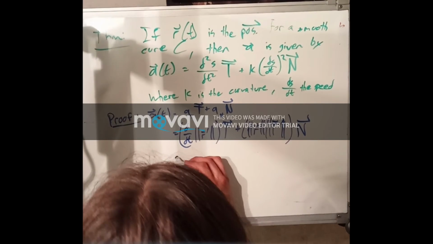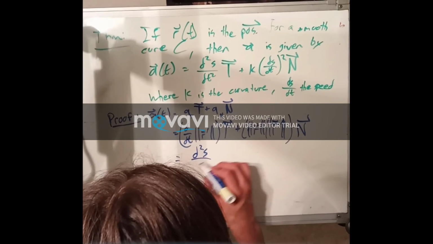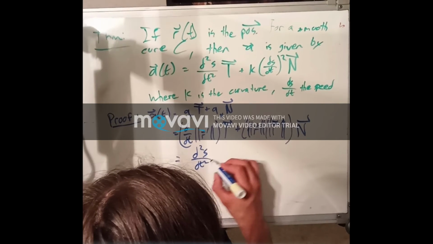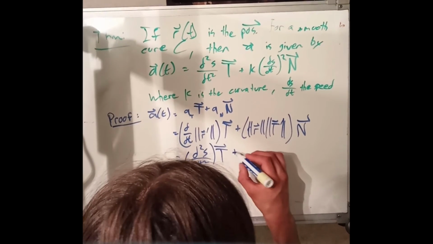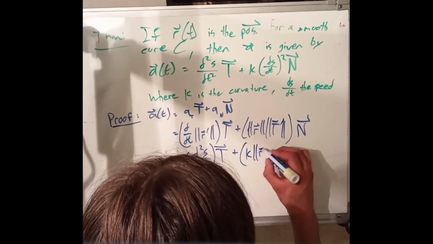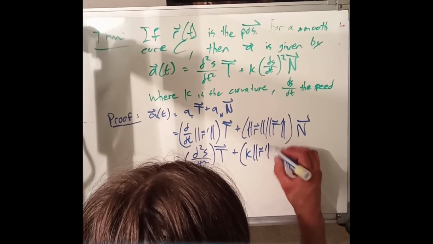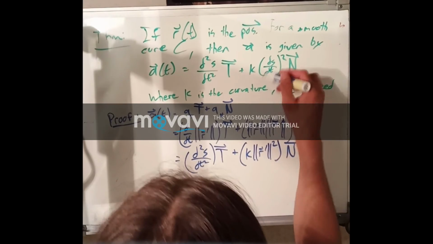Times the normal vector. It is quite easy to see that we have what we are trying to prove, which is what we desire from up here.